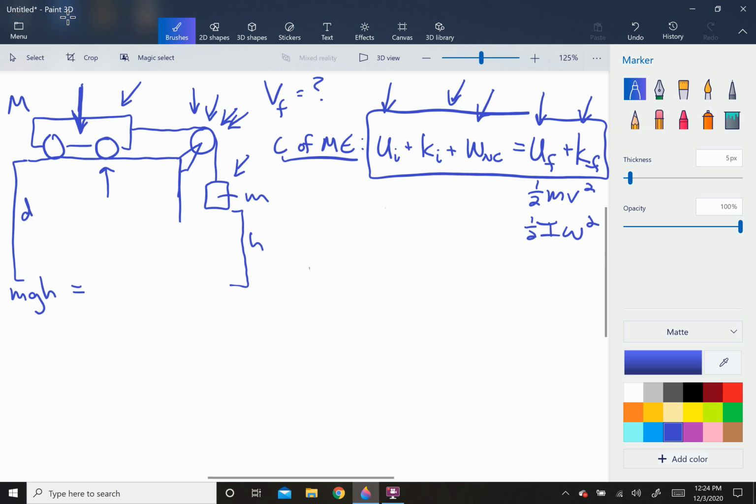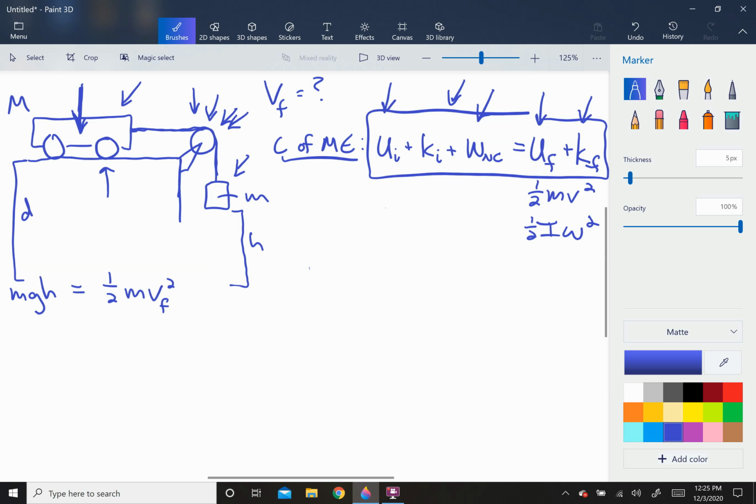There's two. First off, the block is moving, and so it has a 1/2 m vf squared. And then the second thing is the cart is also going to be moving. So at the end, when the block is moving, the cart is moving, and they're connected by a string. And remember, when we have things connected by a string like this, they have to be moving with the same speed.